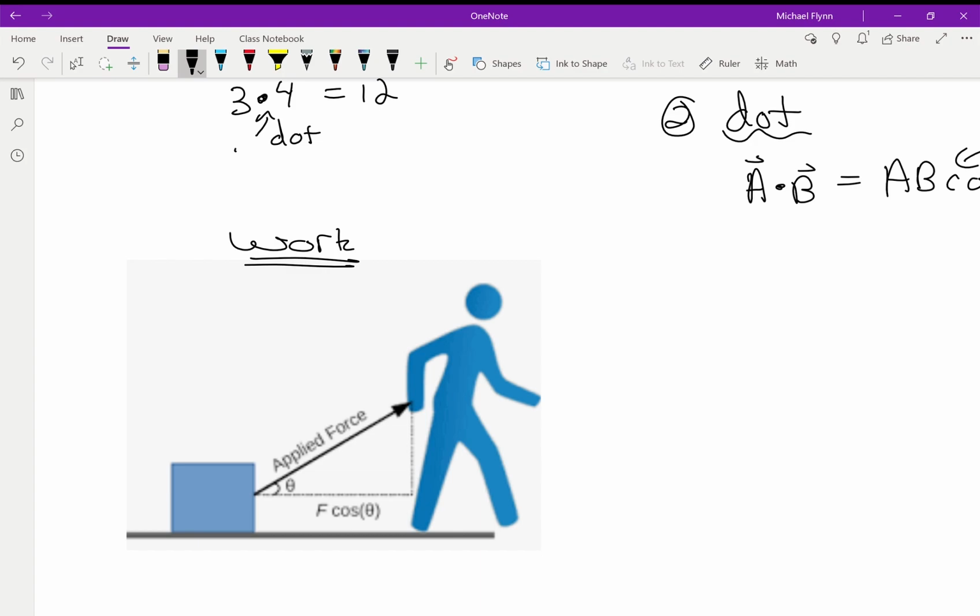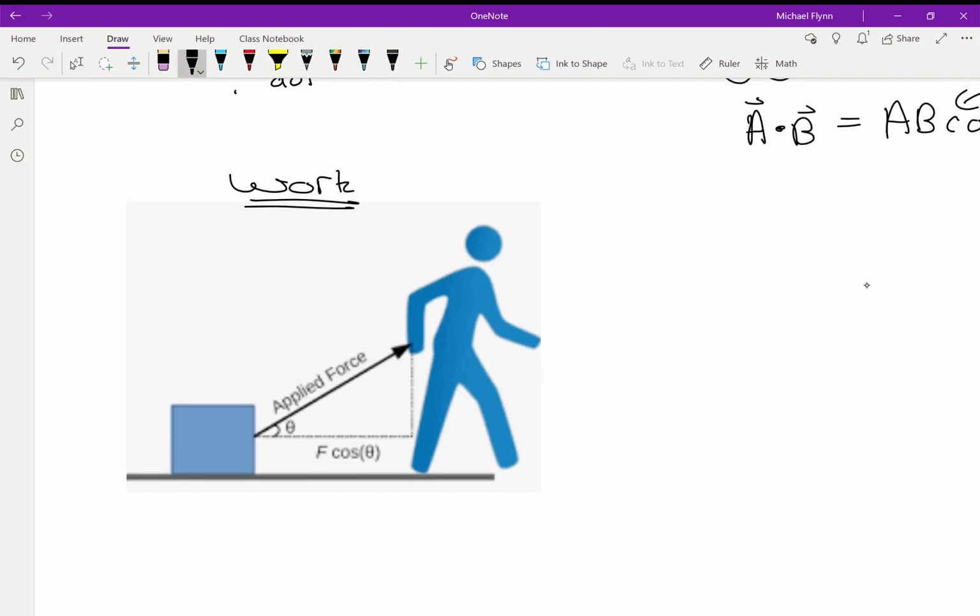How much physical work? Well, since work is this dot product of force and displacement, I'm going to put in the displacement in here. He's moved it a certain displacement in the horizontal direction, right? So here's the thing. This vector, this applied force, I'm going to highlight it here in blue.